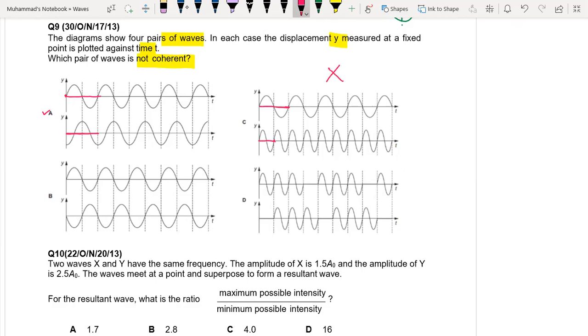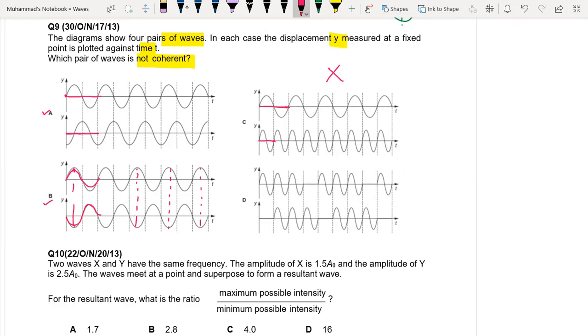In option B, they have the same, equal time period. They are out of phase by 180 degrees, and at all times they are out of phase. The crest of one wave overlaps the trough of the other wave. So they are coherent waves.